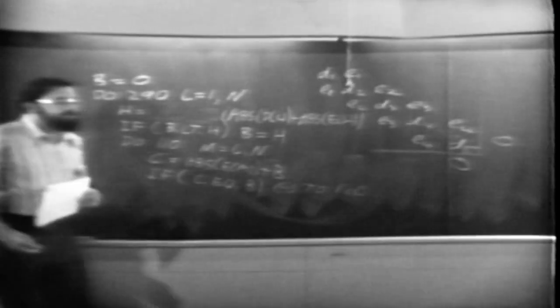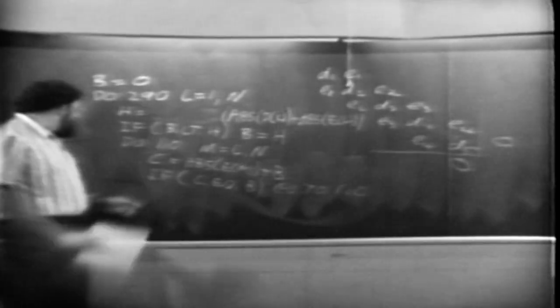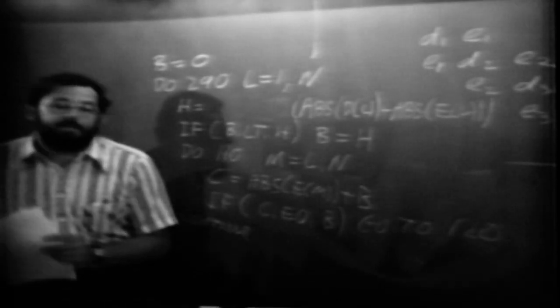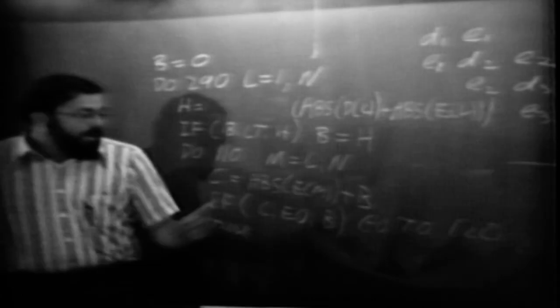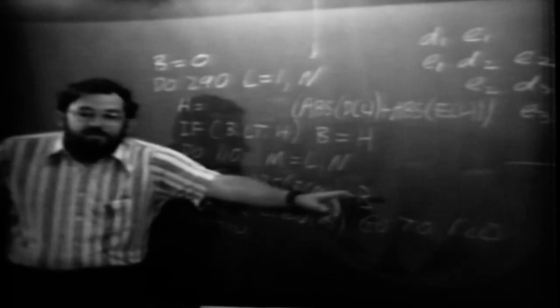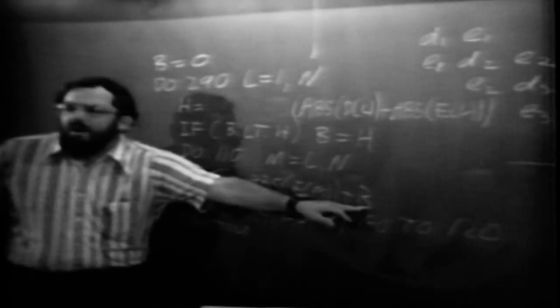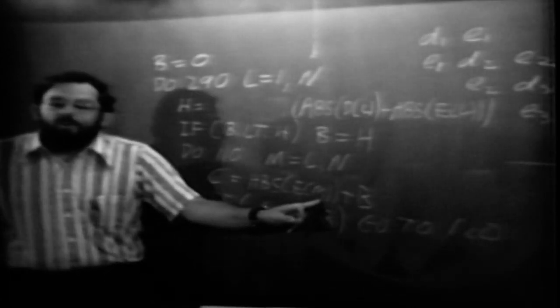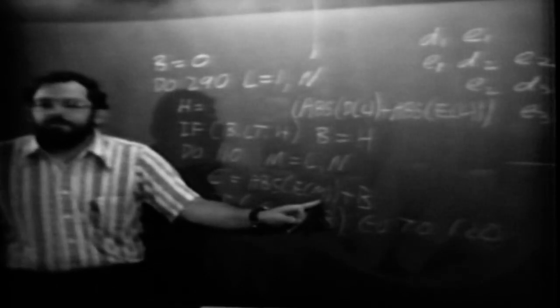Right. Now, 110 is continue. Now, Macheps is gone. I don't need to know the accuracy of the particular machine I'm working on. B is the norm of the matrix so far. And I add the hopefully small element to it.